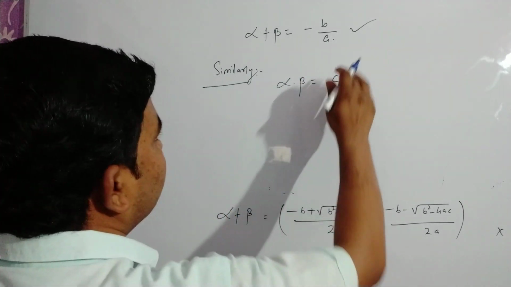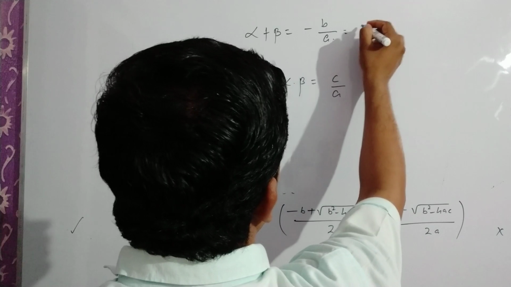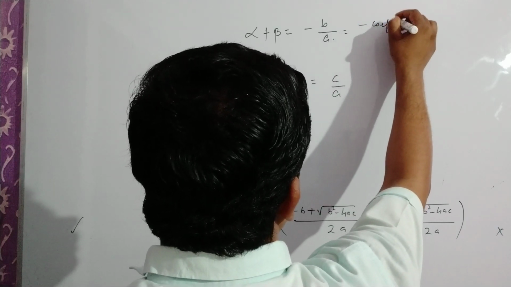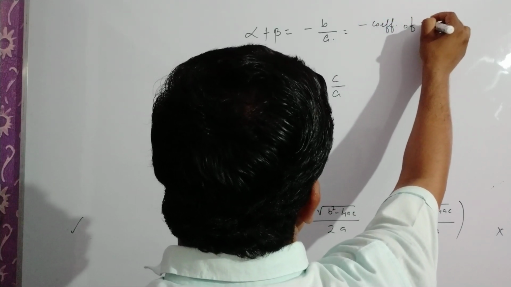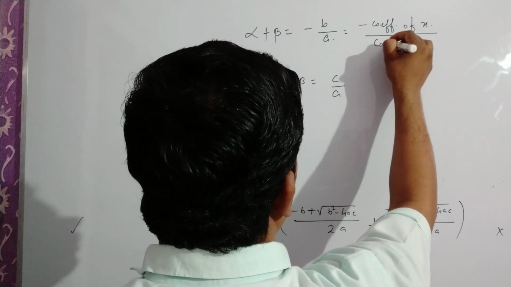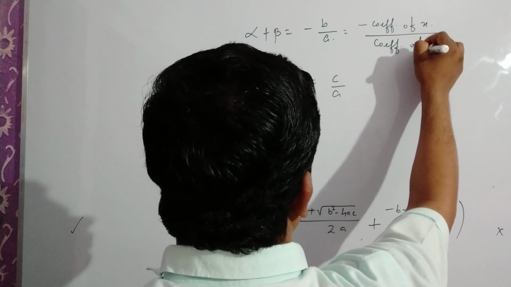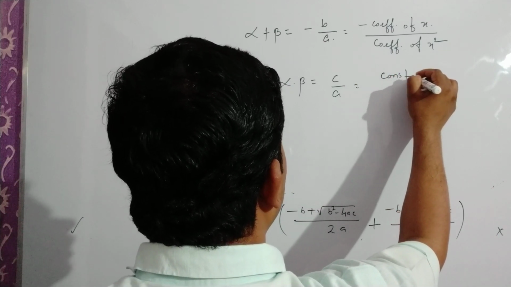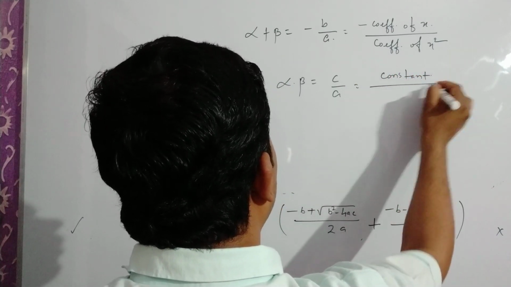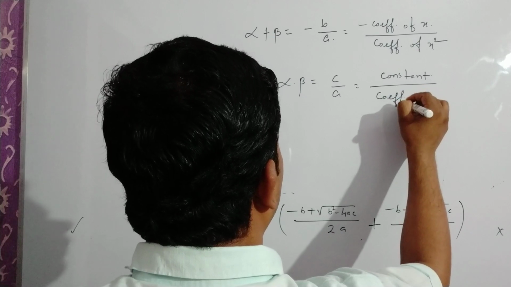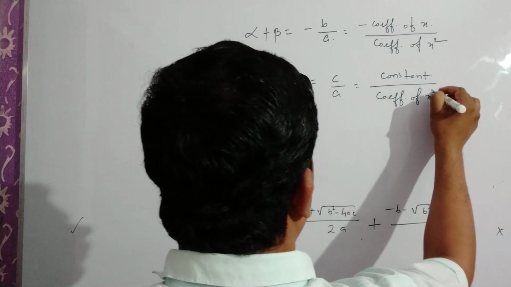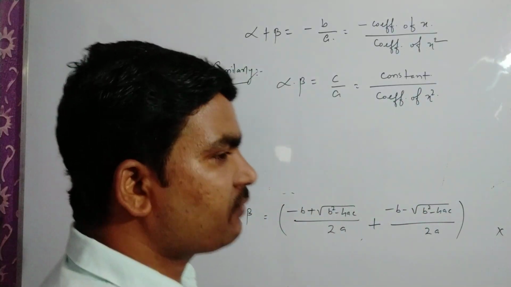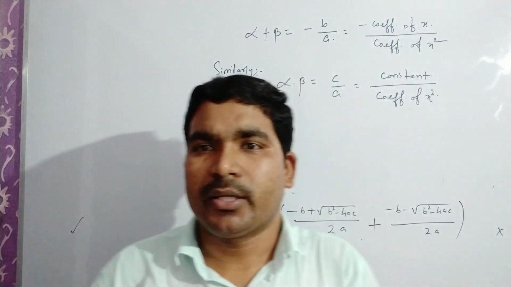Minus b by a means minus coefficient of x divided by coefficient of x square, and c by a is the constant term divided by the coefficient of x square. So this is the basic fundamental of the quadratic equation.